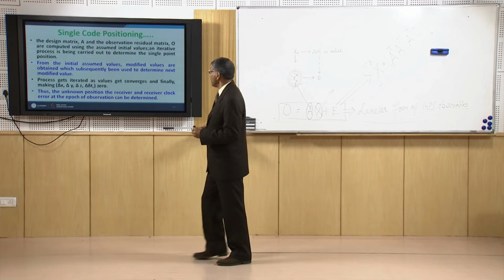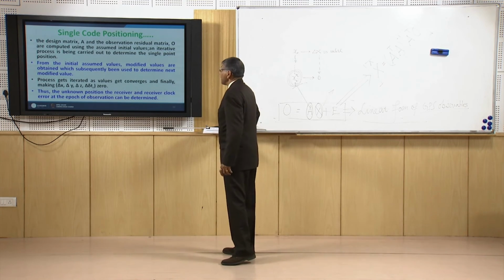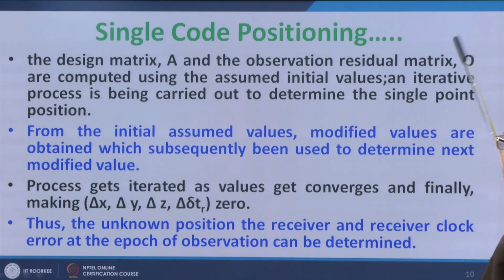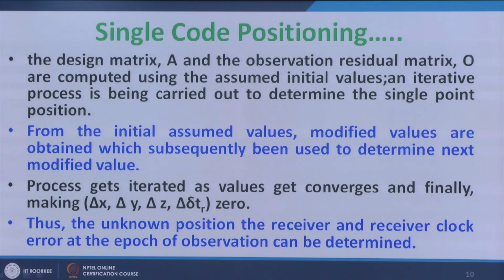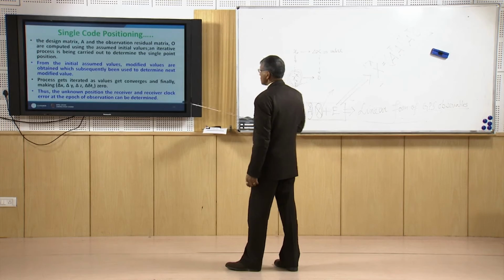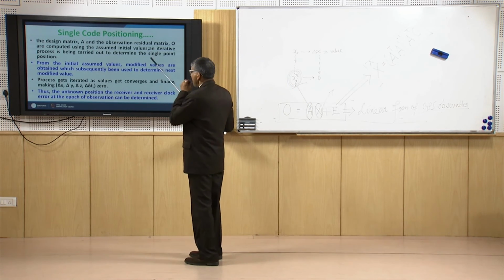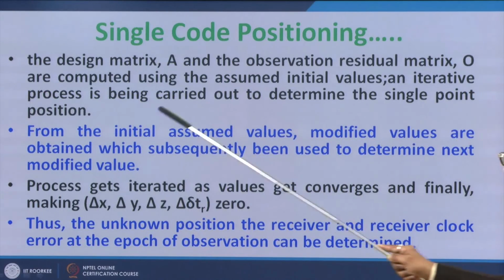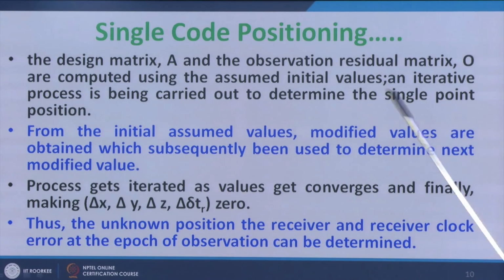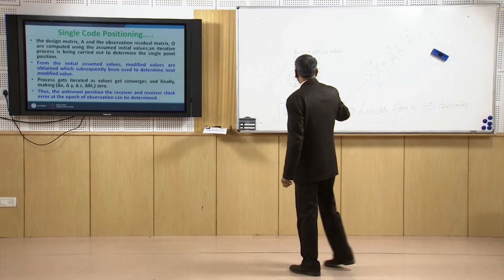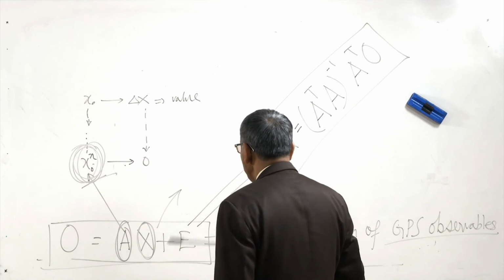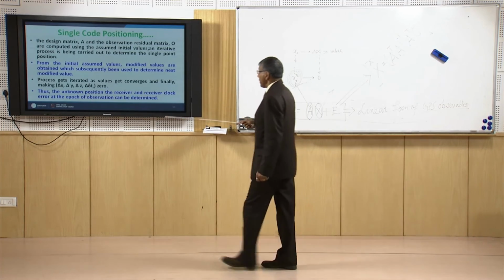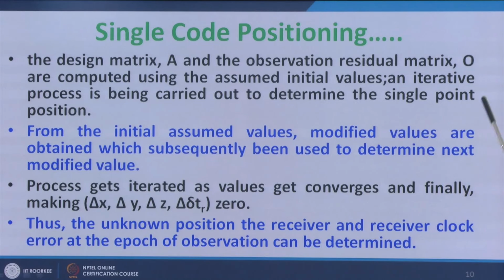The design matrix A and the observation residual matrix O are computed using the assumed initial values. As I told you, x0, y0, z0 are the assumed initial values. An iterative process is carried out to determine the single point position, so that del x, del y, del z, del t are zero. From the initial values, modified values are obtained, which are subsequently used to determine the next modified value.